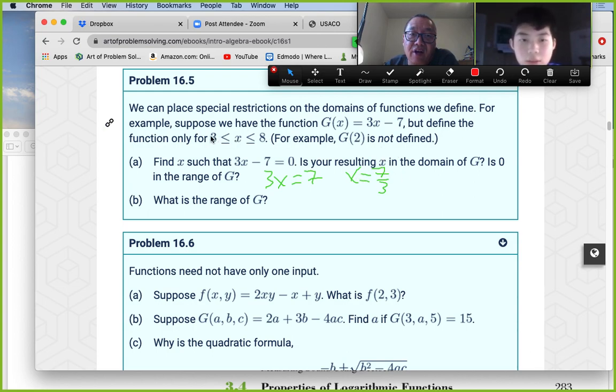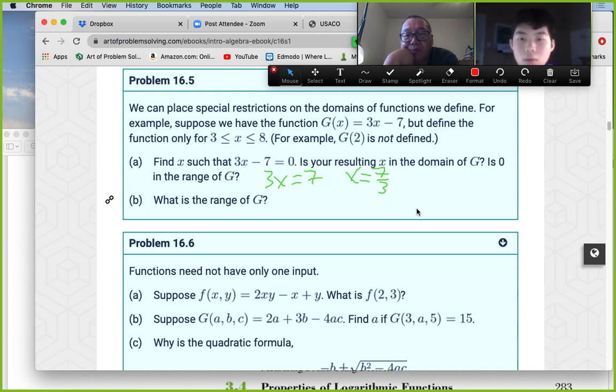Say the domain is 3 to 8, right? All real numbers from 3 to 8. Then you can plug into this function to find the range of this function. So can you find the range of this function? Oh, wait, so I plug 0 in? No, you do not plug 0 in. You need to plug x equals 3 and x equals 8 in.